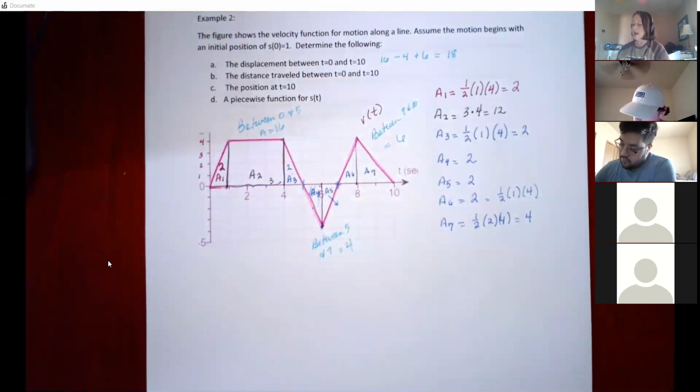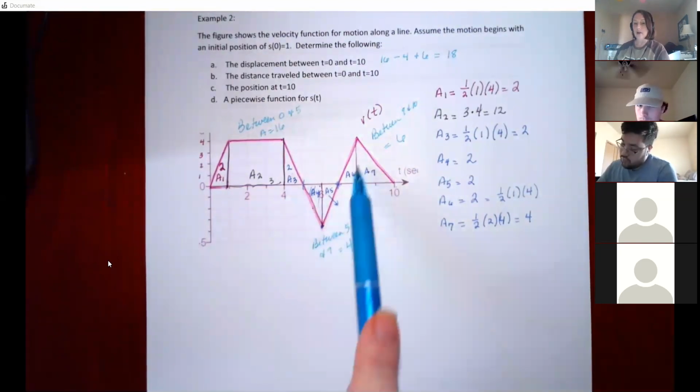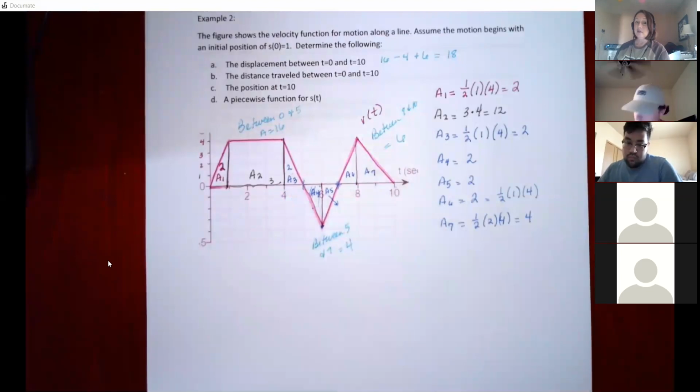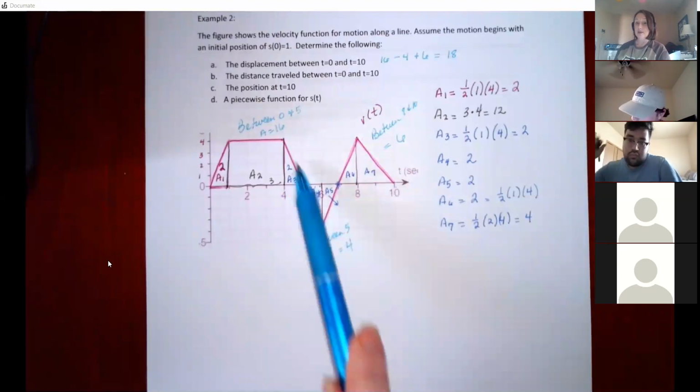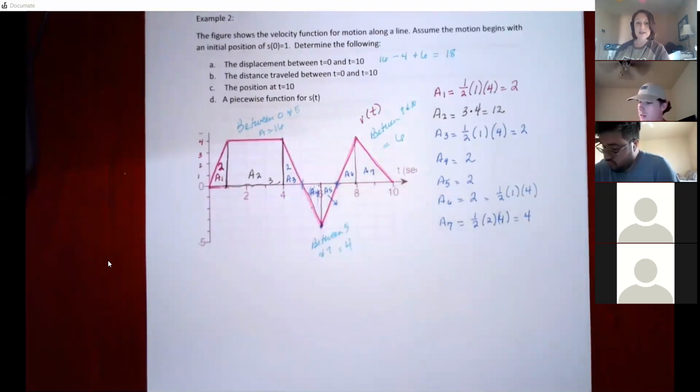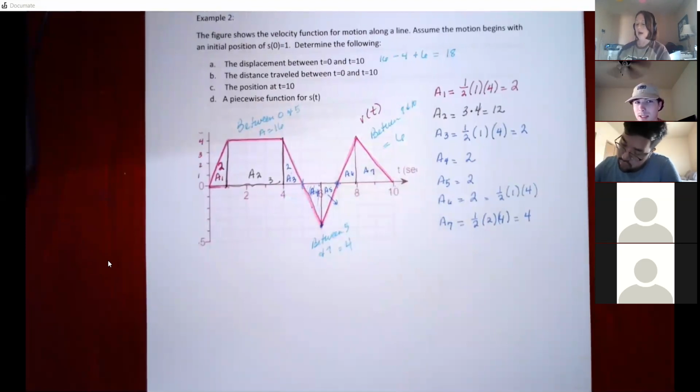Now, is everybody okay right there? Does anyone have any questions about how we got these respective areas? We would have been out of luck if it hadn't been nice geometric shapes, since they didn't give us a formula, but anyway. All right.